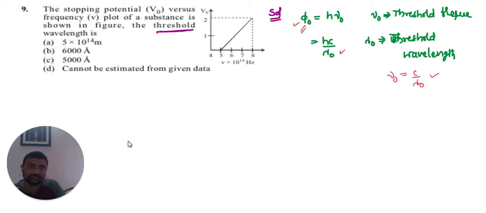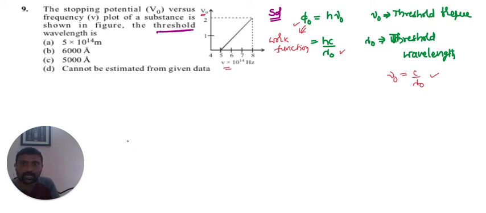You can easily understand these relations if you know the work function. This is called the work function of the metal. If you know the work function, automatically you can find the threshold wavelength. So now I want to check how you can find the work function by using the graph. Here the graph is between the stopping potential and the frequency.